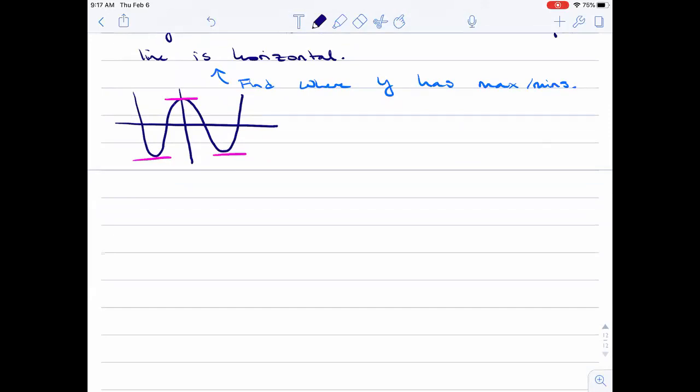So now, y is x to the 4th minus 6x squared plus 4.